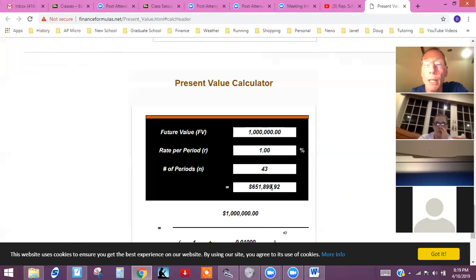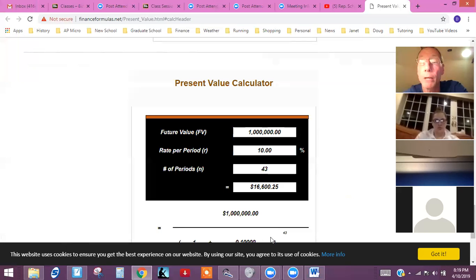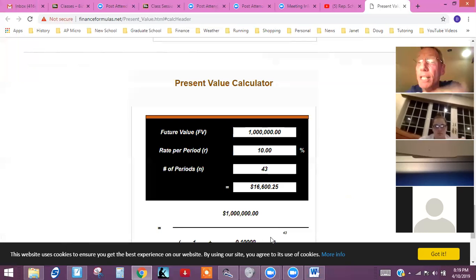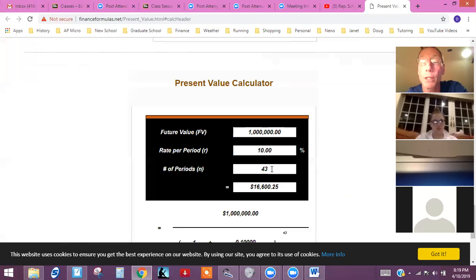If you could find something that paid 10% over 43 years, you can start off with $16,000 and end up with $1 million. So you see the difference the interest rate makes. Now, the other thing is it really depends on how long you're willing to wait, right? If you had to have your $1 million in 10 years instead of 43 years, you would have to start off with a whole lot more. See?